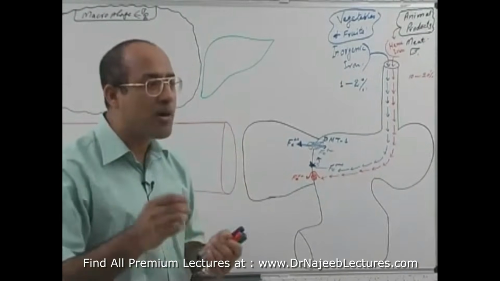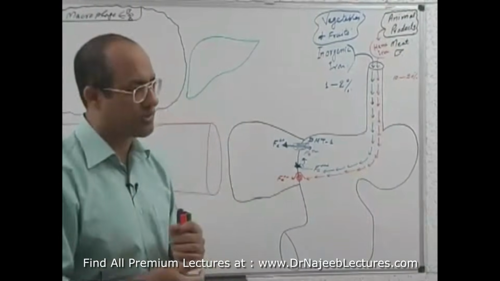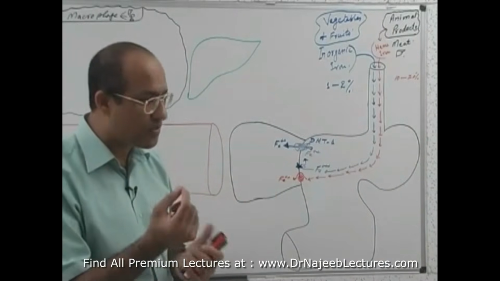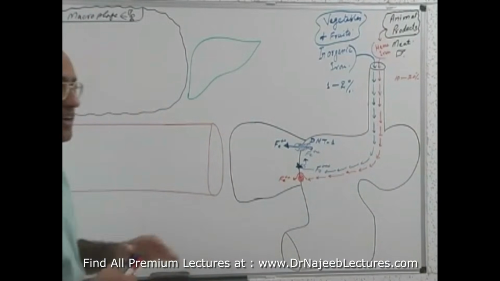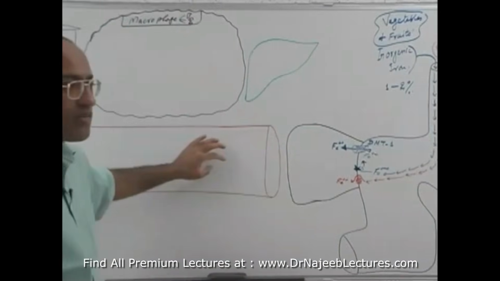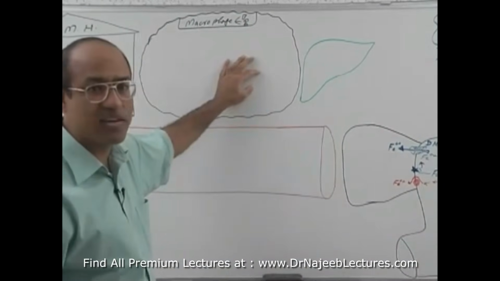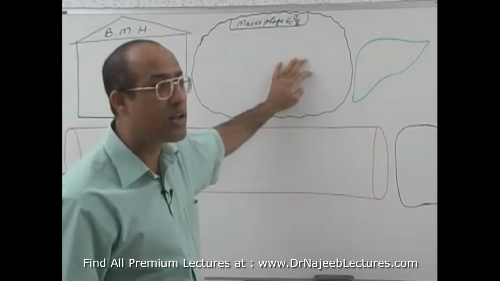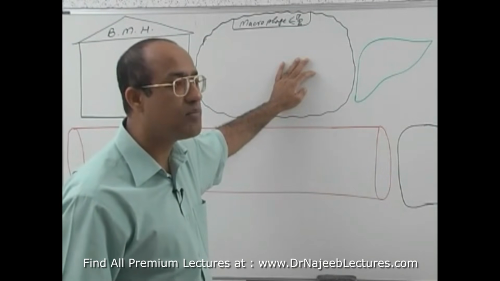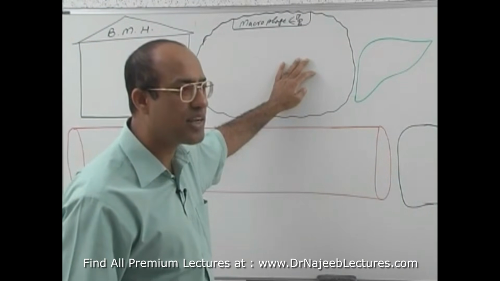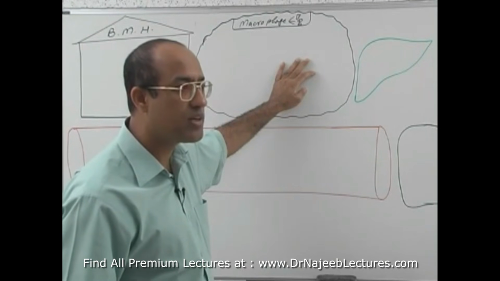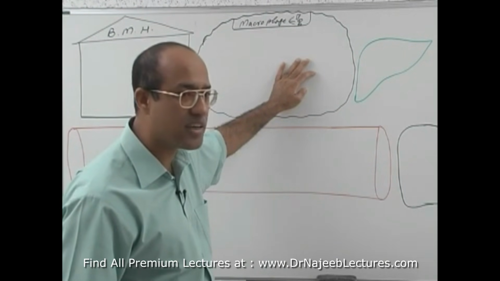And even small amount of iron in free form is also toxic. Iron in free form is highly toxic. If iron is present in free form in our blood and in our cells, it will damage. First of all, free iron, it's highly polar compound. It will react with DNA. It will damage the DNA.